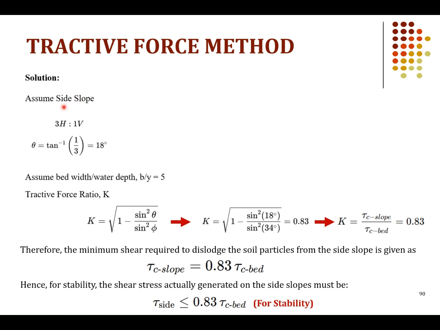First, we have to assume the side slope because it is fine sand. Sand is a non-cohesive material, so our sides will be very flat. So I'm using 3H to 1V, and using this we can calculate the angle using the tangent inverse. It comes out to be 18 degrees. Now we can assume the bed width to water depth ratio.